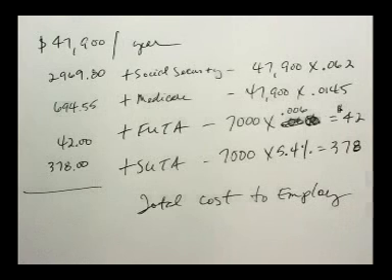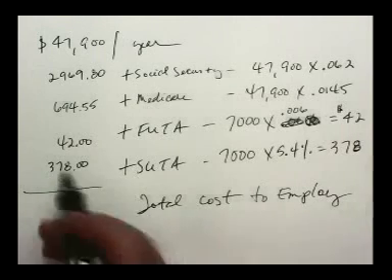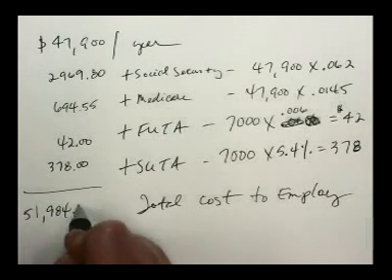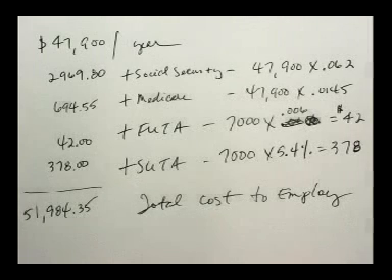But that's not even the cost of training them and other things. Now this is the bare minimum, bare bones. Okay, so I got 51,984.35. So let's put that in here and check it.